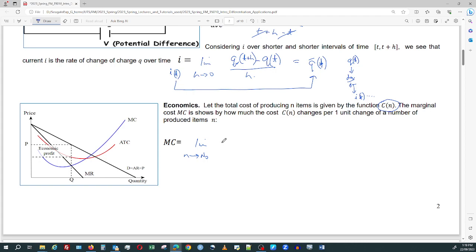And so we've got the cost for the upper value of n and the cost for the lower value of n divided by the distance.